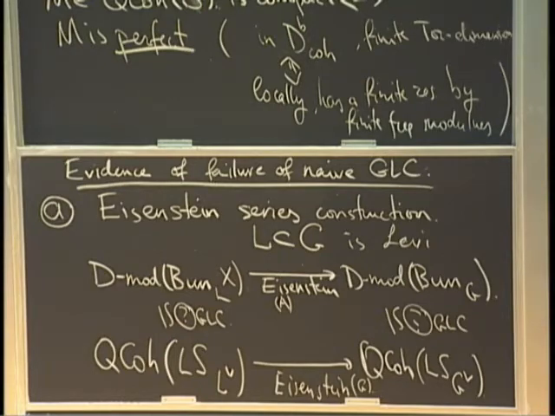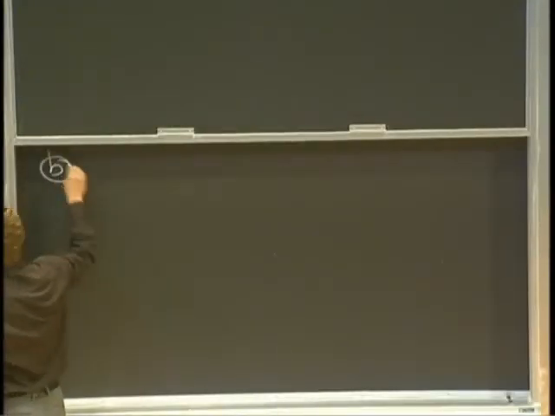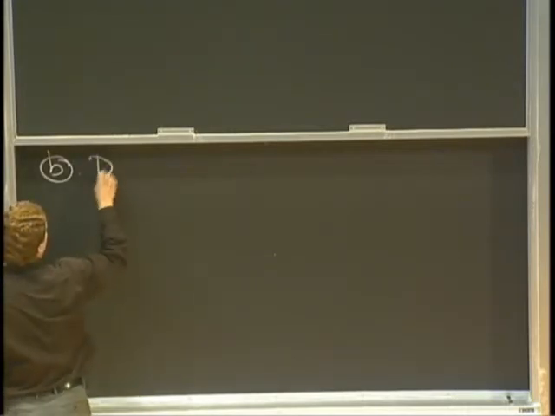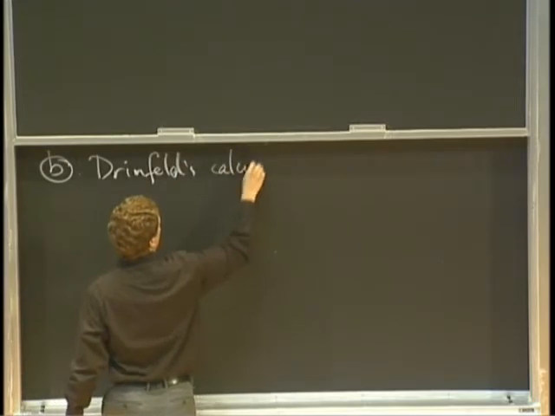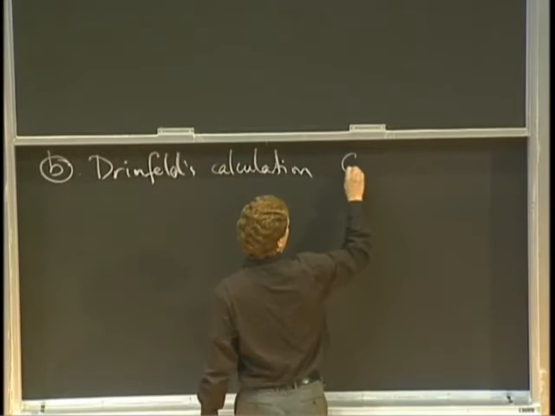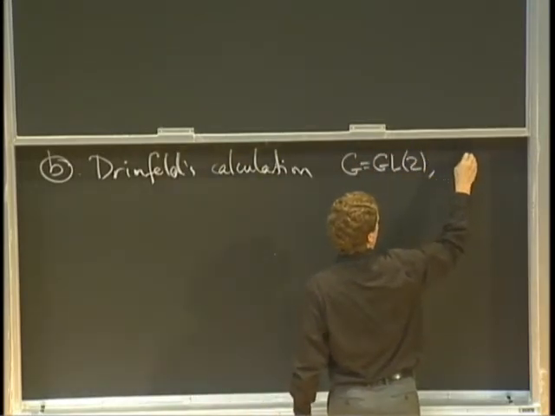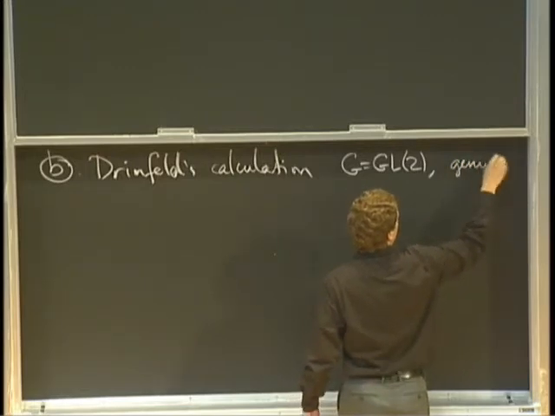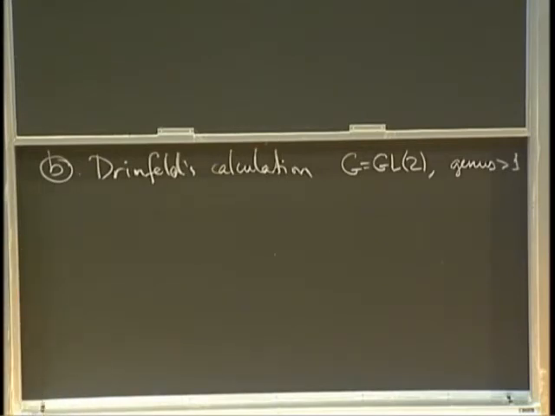Another way, let me also sketch it, is a certain unpublished calculation of Drinfeld, which is done when the group is GL2 and the genus of X is high. Definitely greater than 1 is okay.